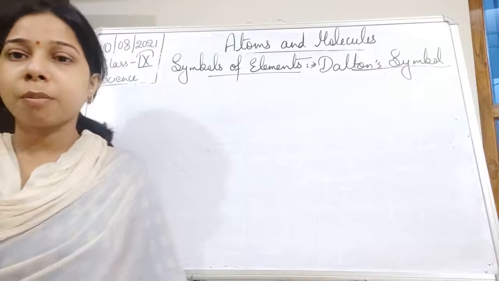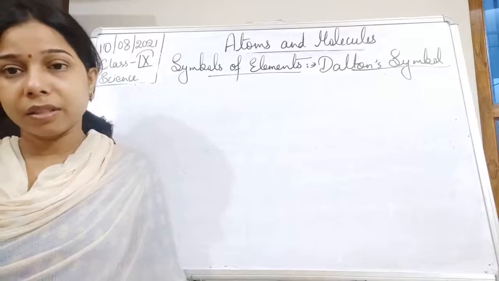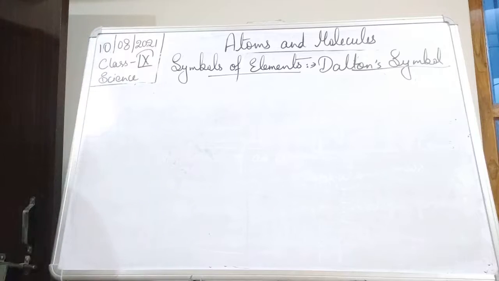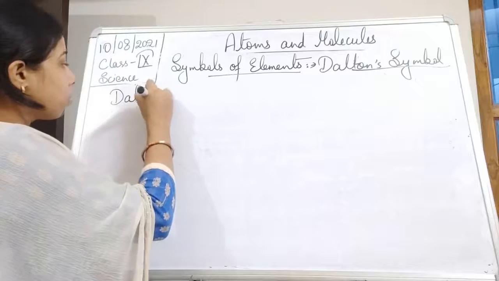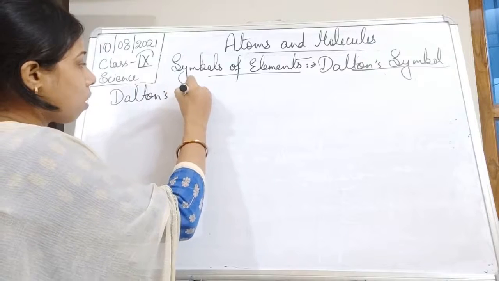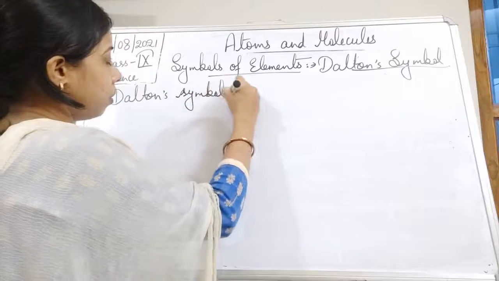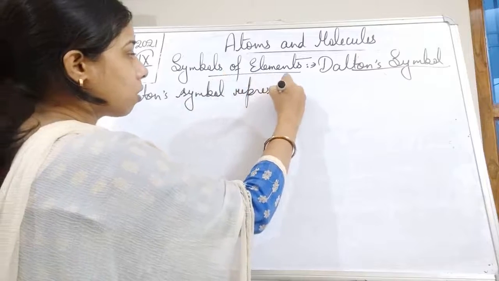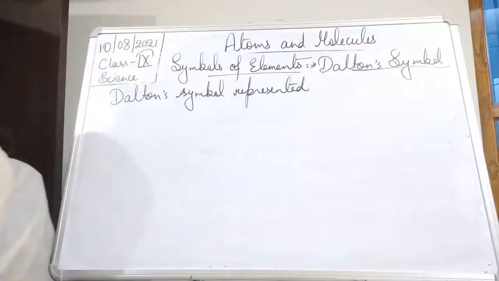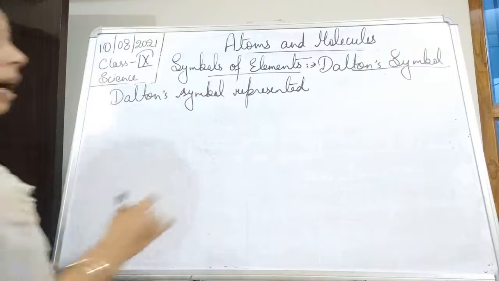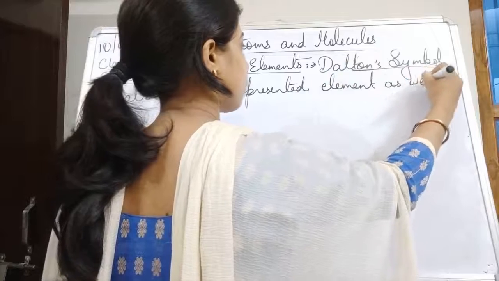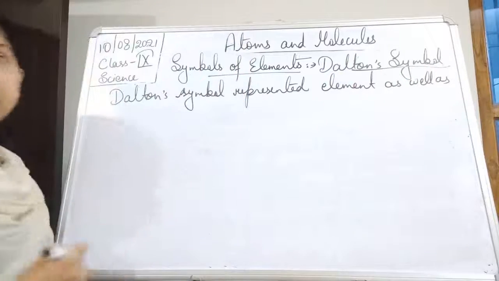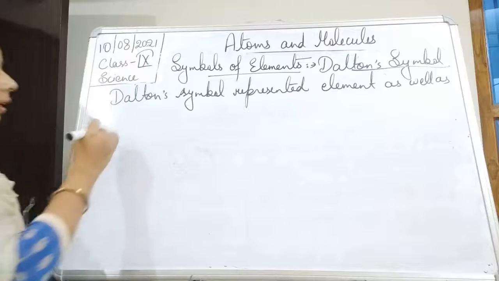So we will write here: Dalton symbol represented element as well as one atom of the element.